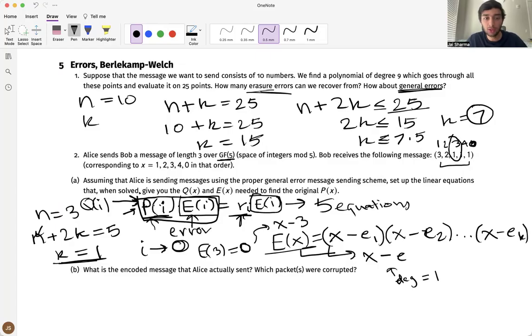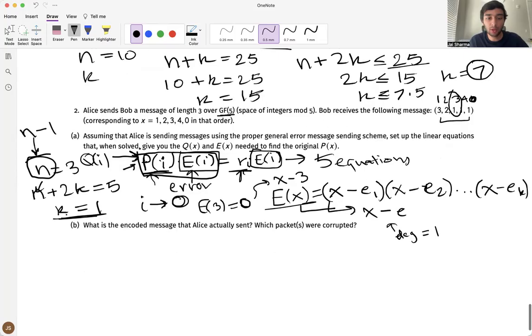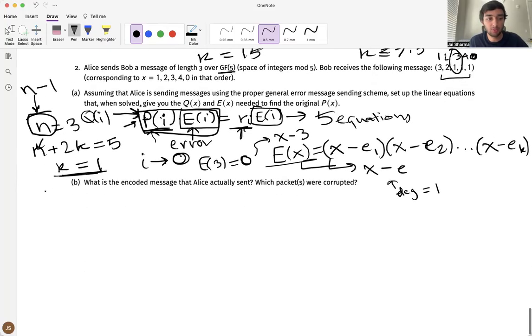P, the degree of polynomial p. So our message is of length n, right? Which means that the degree of the polynomial is going to be 1 less than that. The degree is n minus 1, right? But remember, sorry, I'm going to use a little bit of this space here.